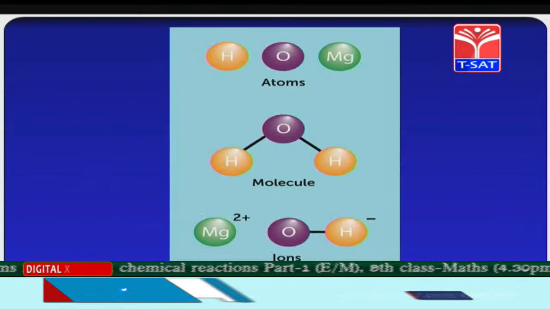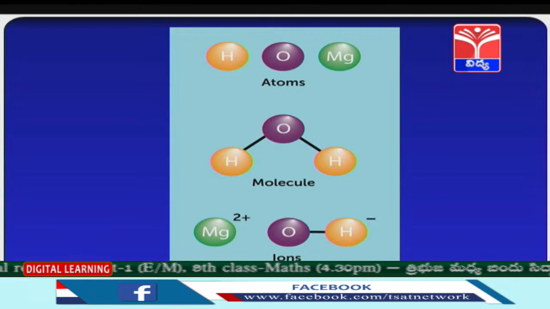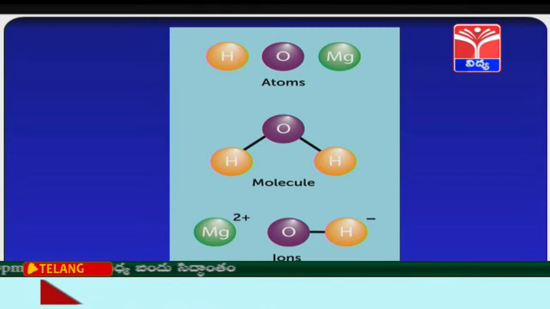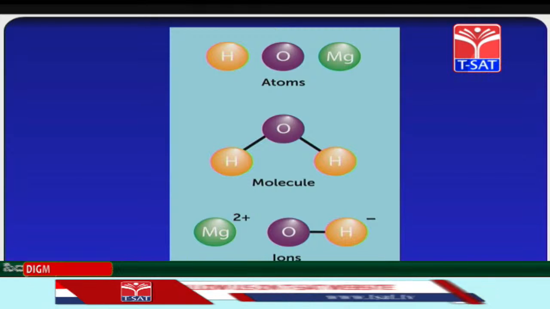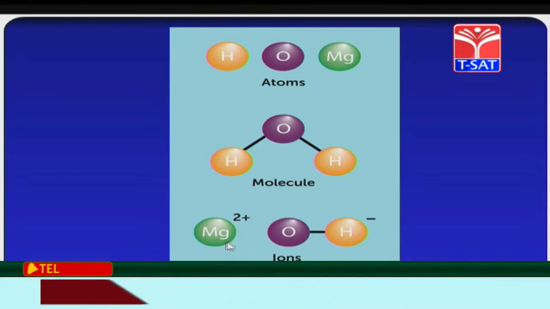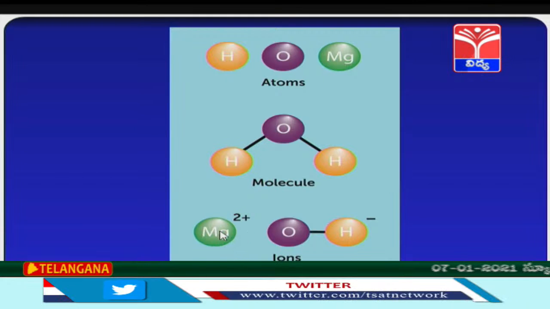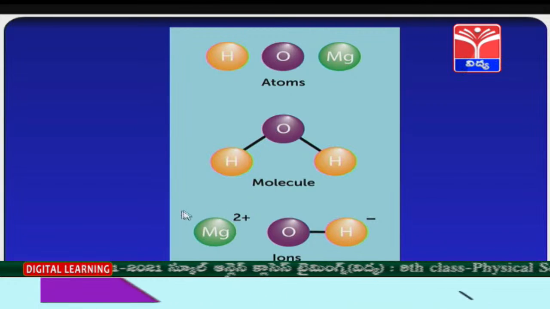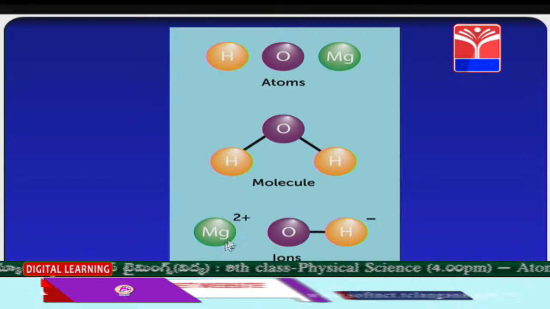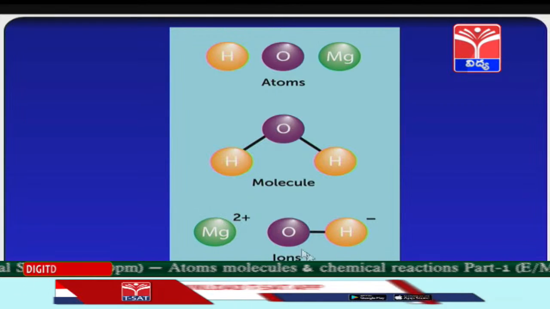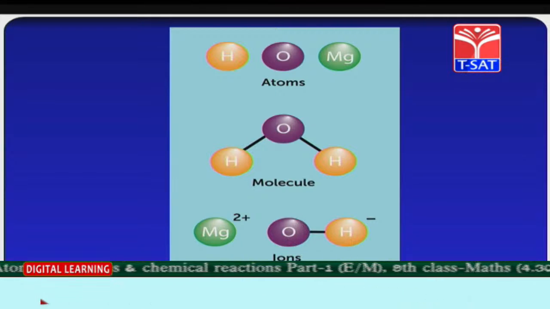Here, if you consider hydrogen, oxygen and magnesium, these are all atoms, and the water molecule, that means H2O, is a molecule. But if you consider Mg2+, it means the magnesium atom has lost 2 electrons. So, this is an example of a positively charged magnesium ion, and here is an example of a negatively charged hydroxide ion.